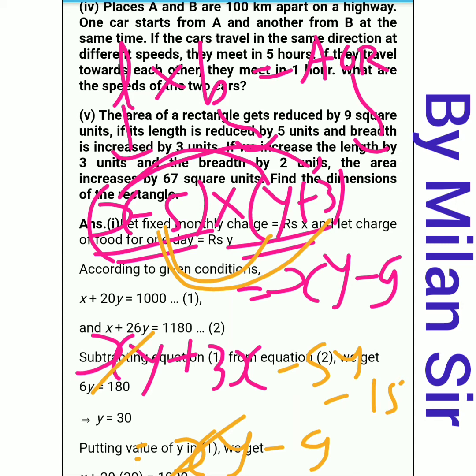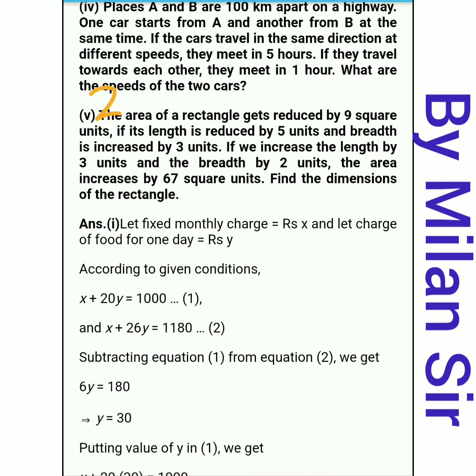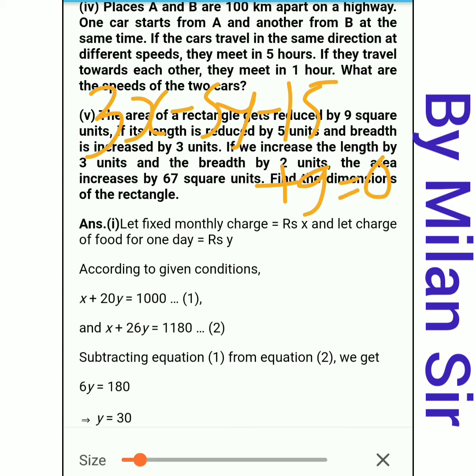So xy cut. Finally we have 3x minus 5y minus 15, and this minus 9 we need to transfer to the left hand side, where it becomes plus 9.